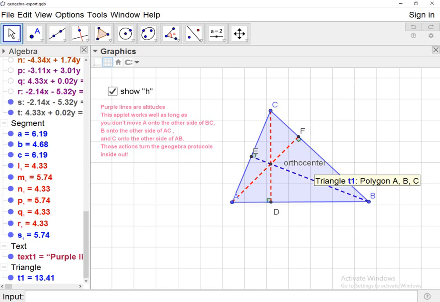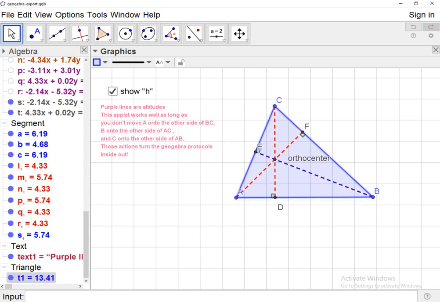So the orthocenter is created by the altitudes. Now your orthocenter, think about this. This is an acute triangle. So the orthocenter is on the inside of your triangle, right?